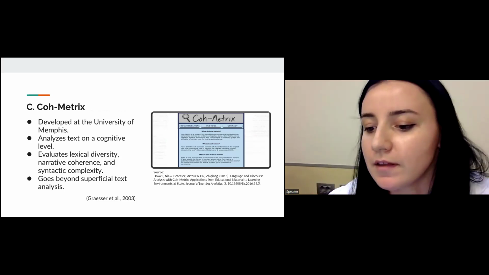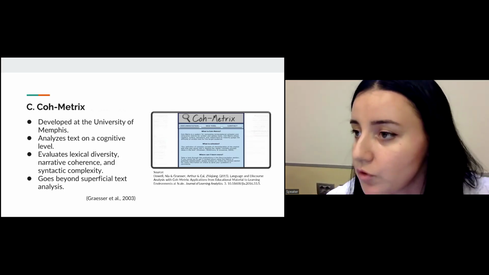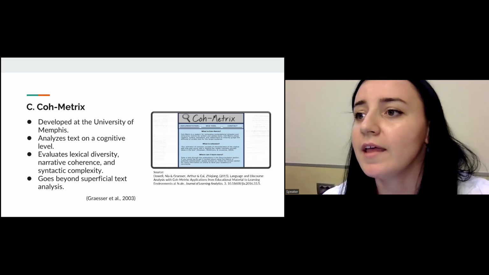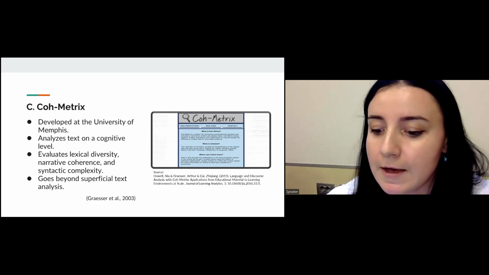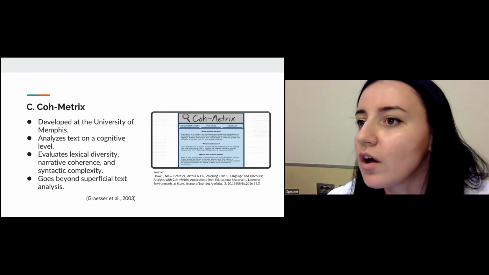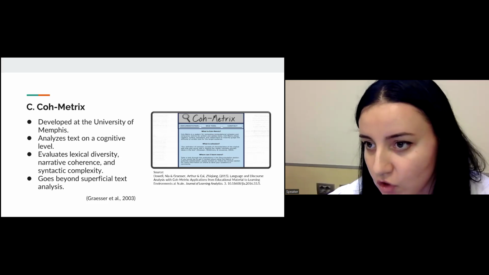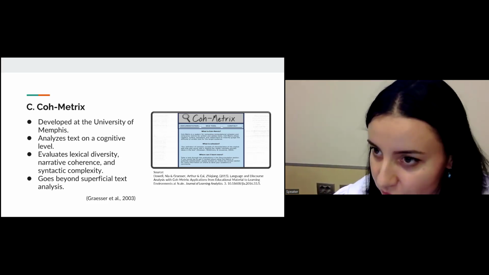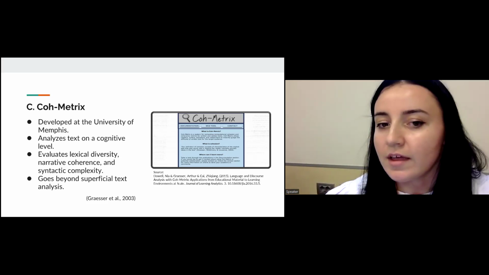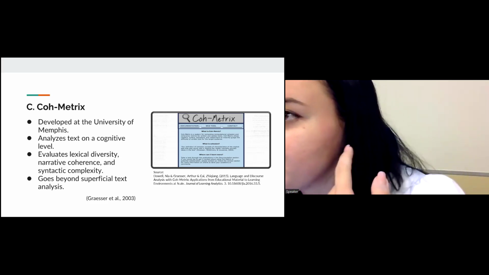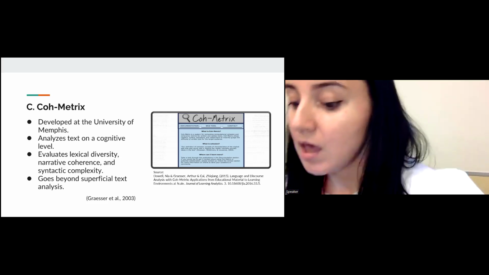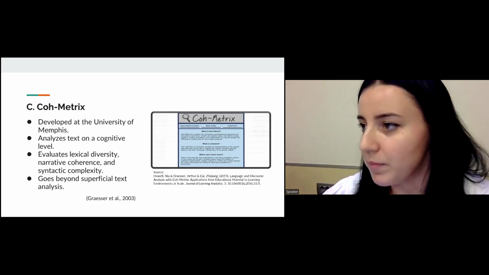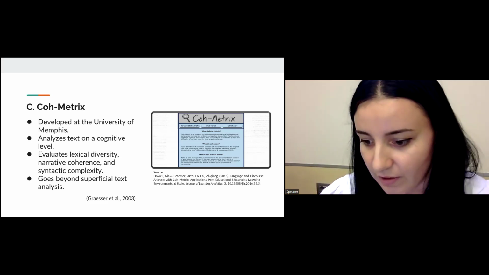And the last one is Coh-Metrix, which is newer, and it was developed by the University of Memphis. It analyzes text on a cognitive level. So it measures lexical diversity, narrative coherence, so the ability of readers to imagine what they are reading, and syntactic complexity, of course, just like the other ones.